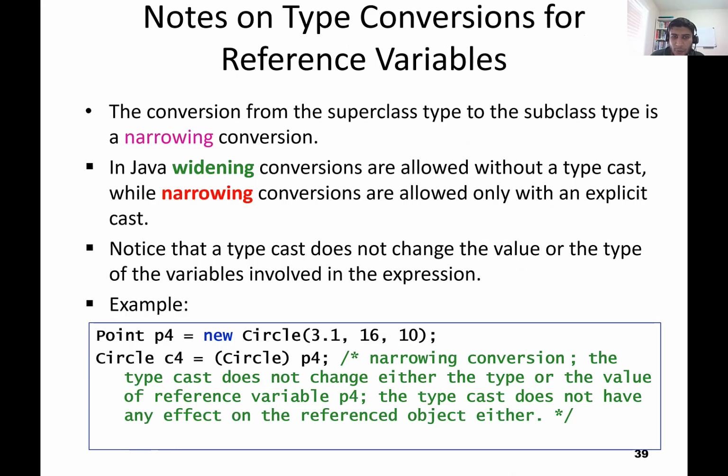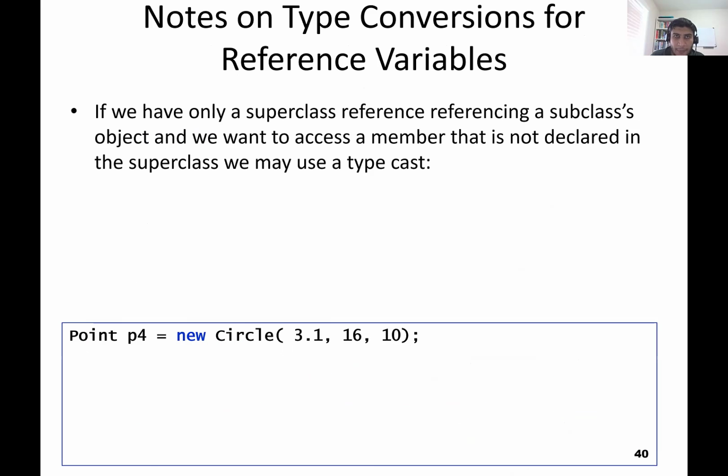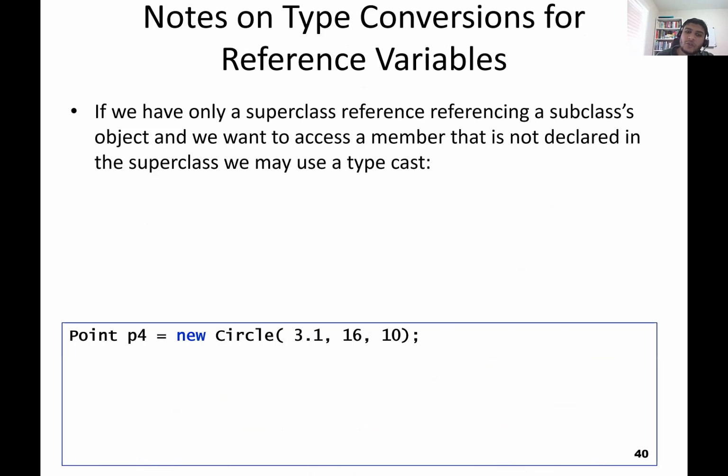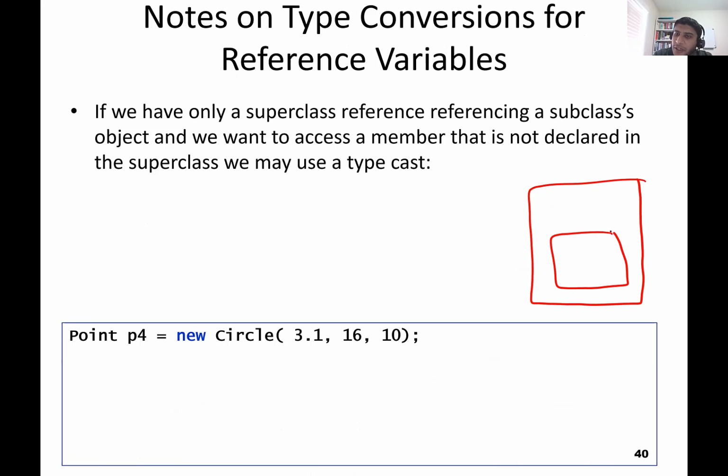Here's another example. I guess we already discussed this. The other thing that would be better to ask as a question: assume now I have an object of type circle, which is the child. I have some methods which are inherited from the parent, something like getX.